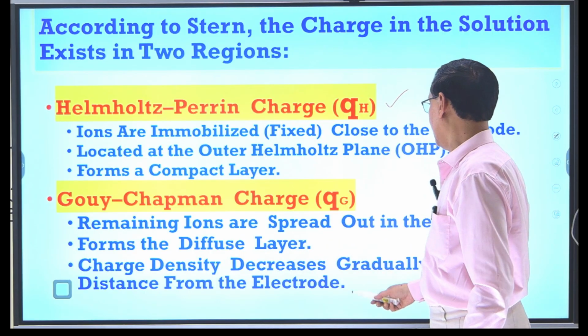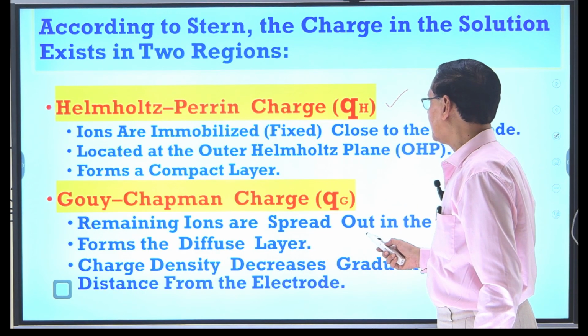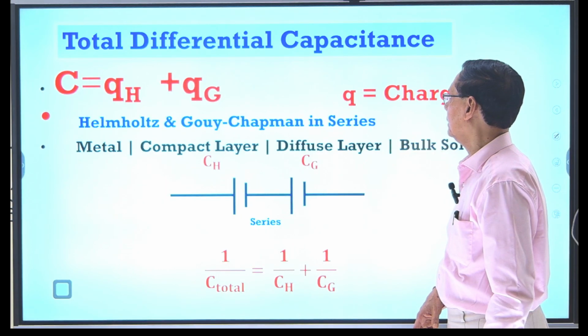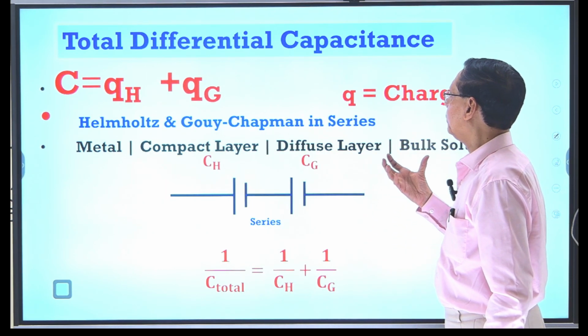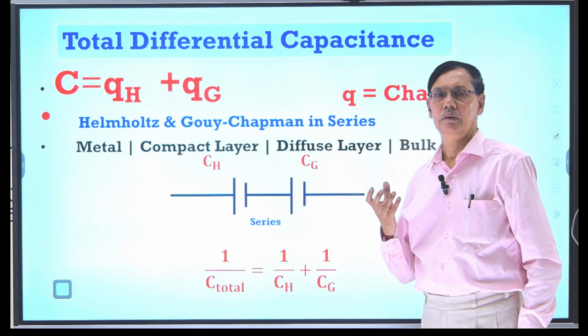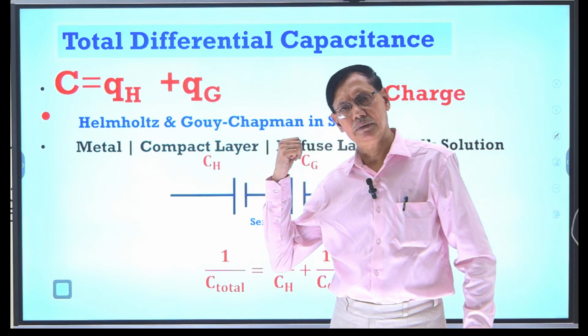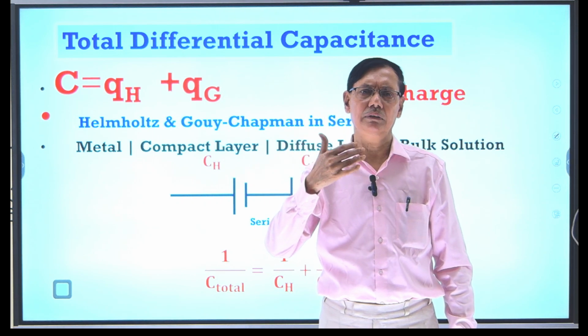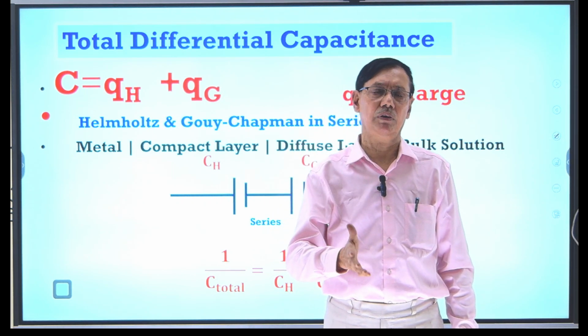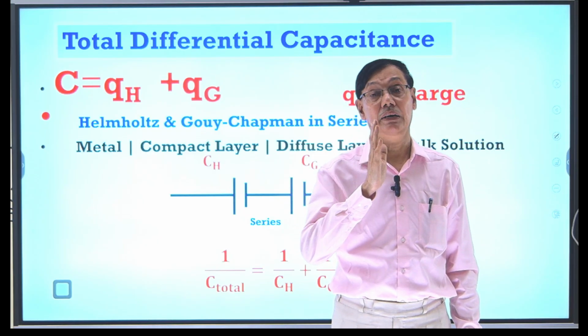So, distance from the electrode. Now, if you ask me, sir, what is the formula of this thing? Because if I want to calculate in the elementary part, I discussed what is differential capacitance, because that is our main target.